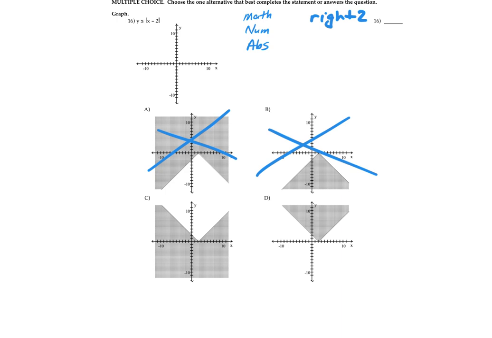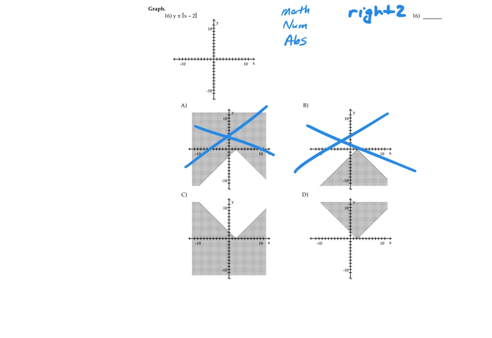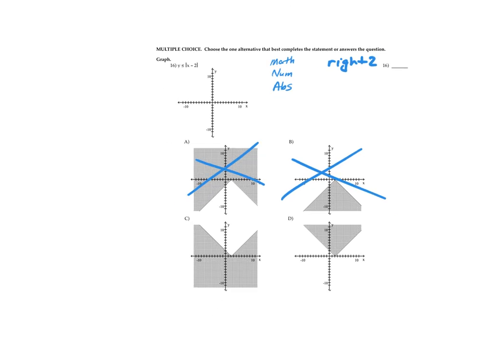We want one that opens up. And then we've got to look at the sign. Okay, the sign is less than or equal to. So that's going to be below the V instead of above the V. And so C would be the one that we want. So that's how you can kind of use process of elimination. Okay? If you want to put it in the calculator, you can, but I think that'd be kind of the way I would go about it.